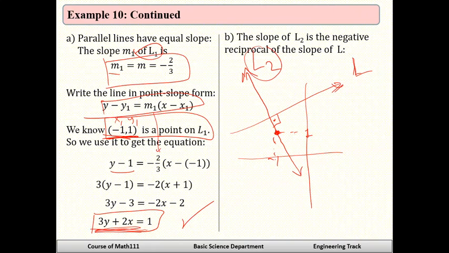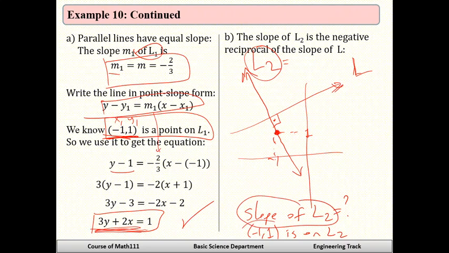We need the slope of L2. We know minus 1, 1 is a point on L2. So if we learn the slope, then we know the point, and we can use this formula again, right? But how to find the slope? Now we have to use this perpendicularity.